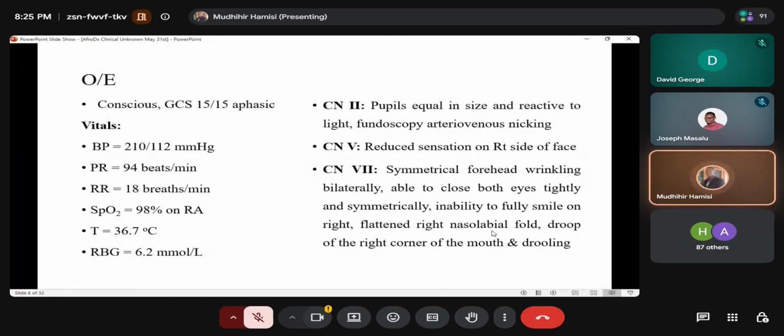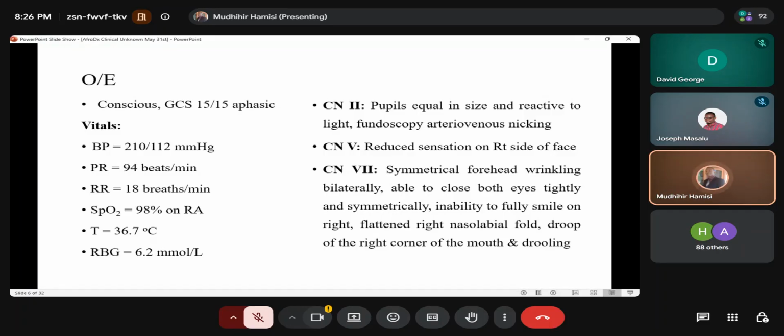Okay. On examination, the patient was conscious with a GCS of 15. Other parameters of the general examination were essentially normal. However, the vitals were significant for the blood pressure, which was highly elevated, 210 over 112 millimeters of mercury, with other parameters, including the RBG, normal.